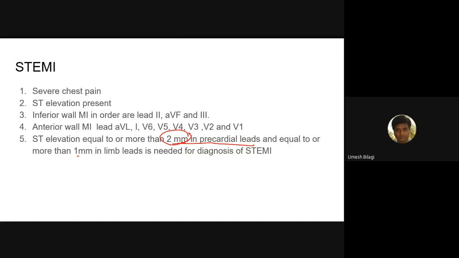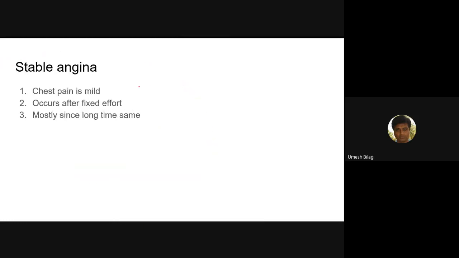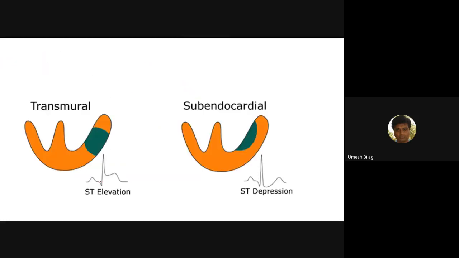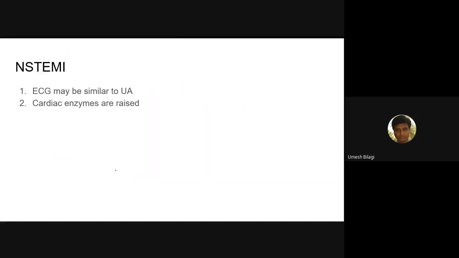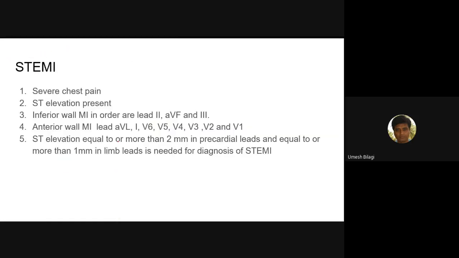If it is limb leads, 1 mm ST elevation is sufficient. Here, this ST elevation should be more than 2 small squares in precordial leads, and in the rest of the limb leads it should be at least more than 1 mm.